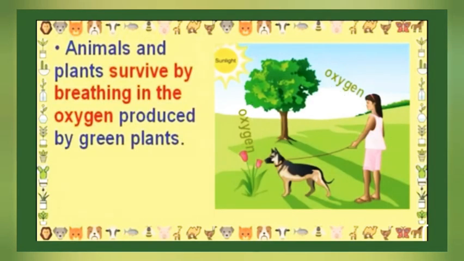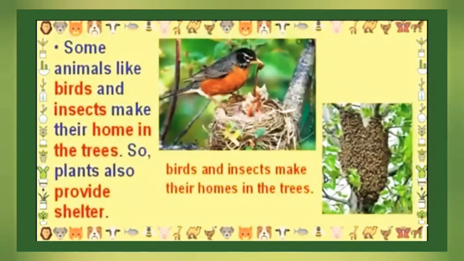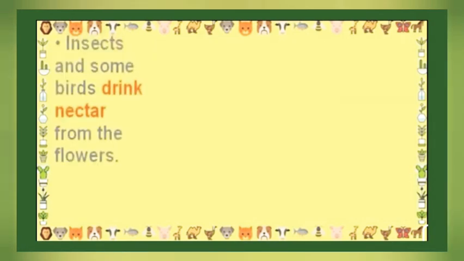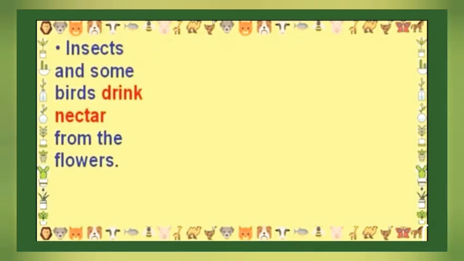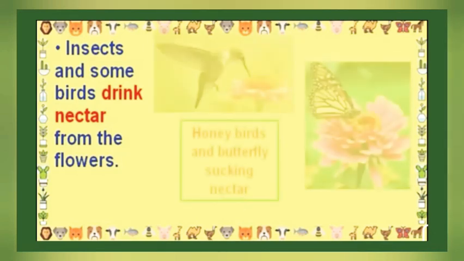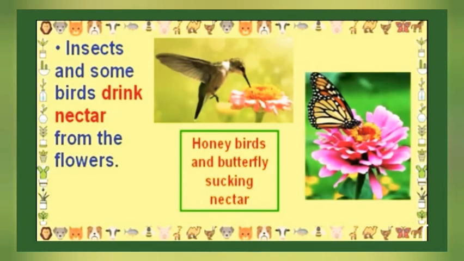Animals and plants survive by breathing in the oxygen produced by green plants. Some animals, like birds and insects, make their home in the trees. So, plants also provide shelter. Insects and some birds drink nectar from the flowers. Honeybirds and butterflies sucking nectar.